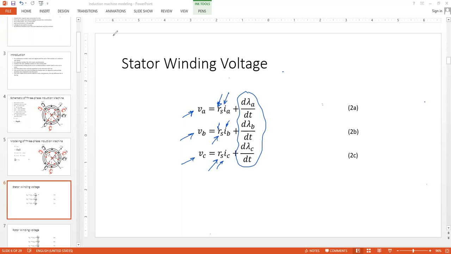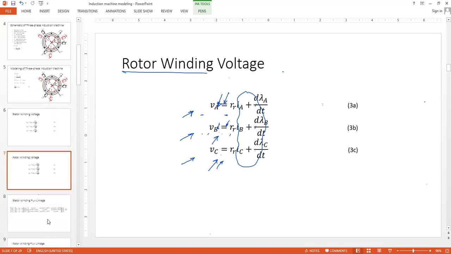Similarly, we will get the rotor winding voltage. Just be careful about the notation here. The previous ones are all small a, small b, because small a, b, c are associated with the stator. Now next, we will get the rotor winding voltage. Similar kind of expression, simply the lettering fonts are different. The previous ones were small letters.